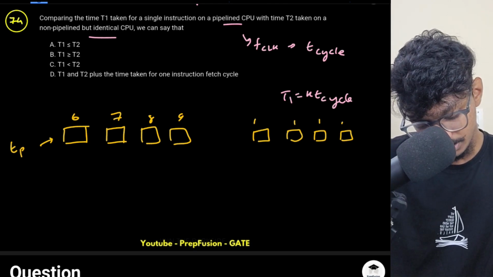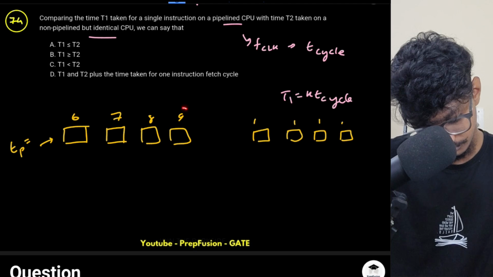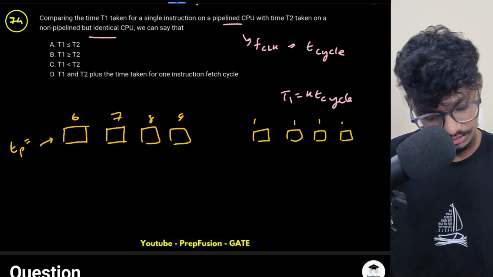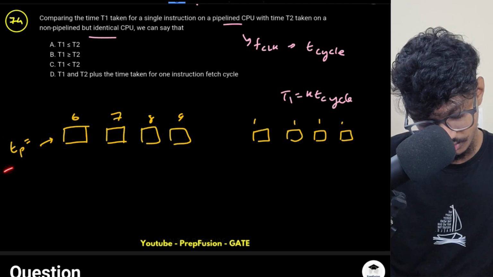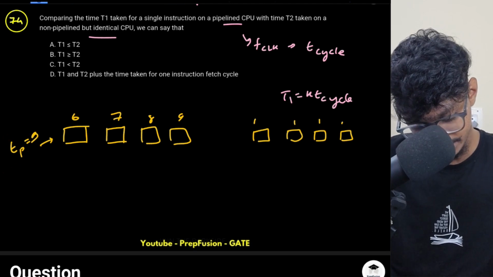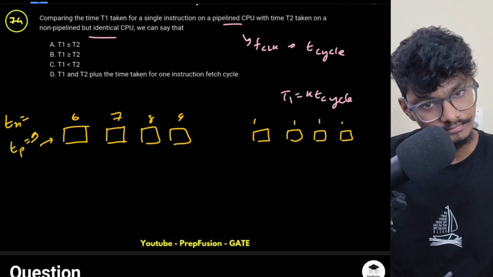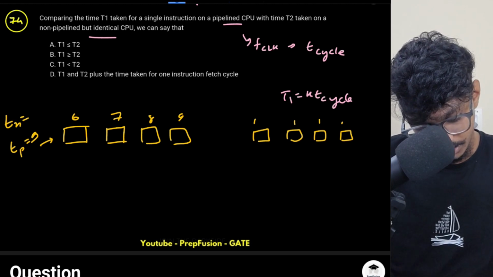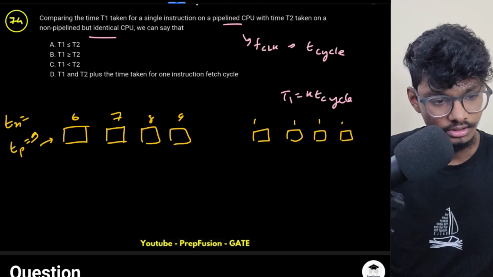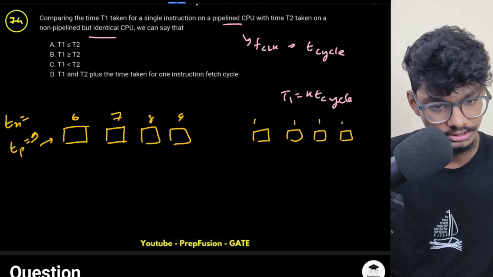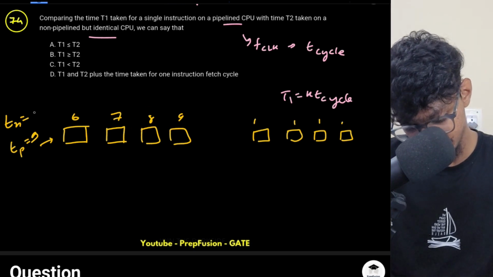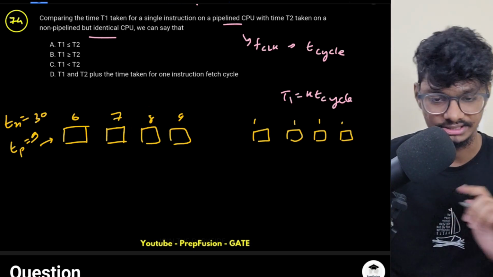Its Tp will be 9, right? The clock cycle is decided by Tp only, so in this case Tp is the maximum, 9, assuming no registers. But what will Tn actually be? Tn will be 6 plus 7, that is 13, plus 8, that is 21, plus 9, that is 30 nanoseconds, or 30 seconds, anything.